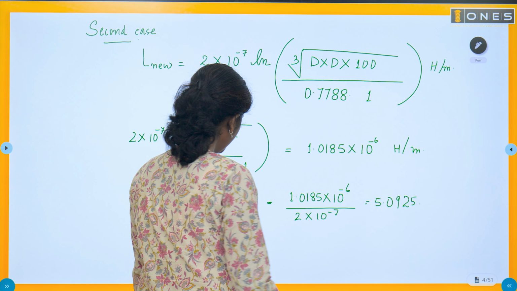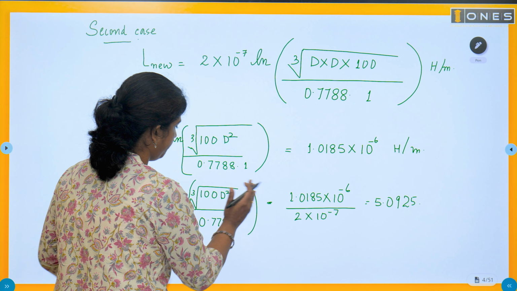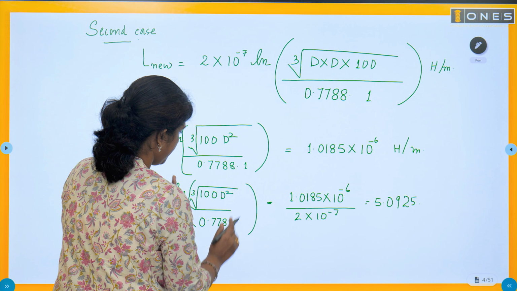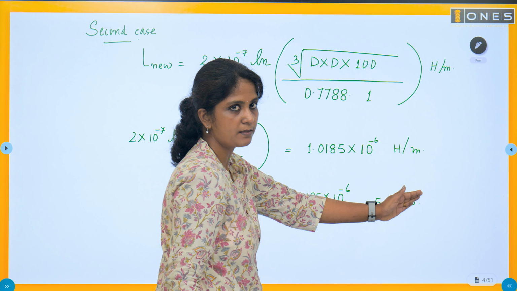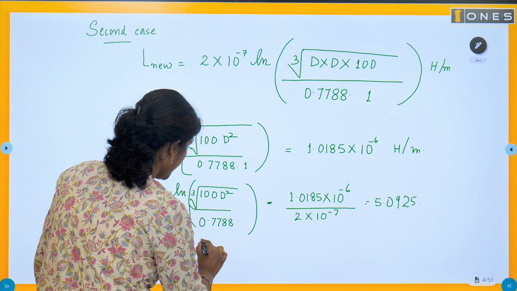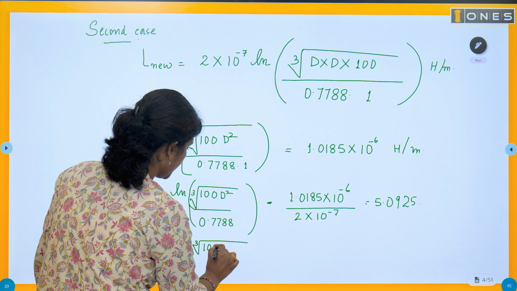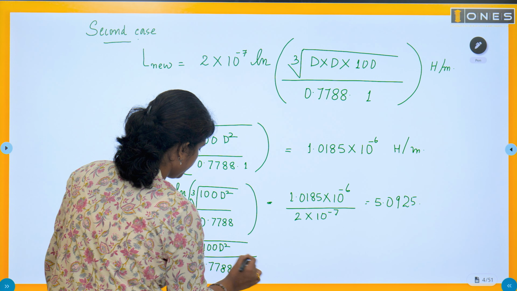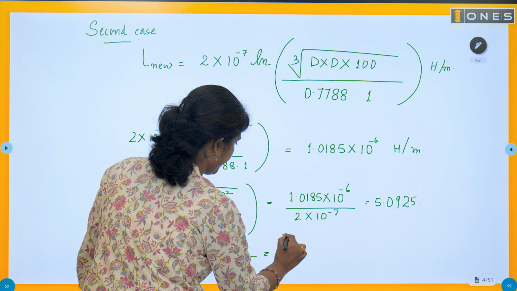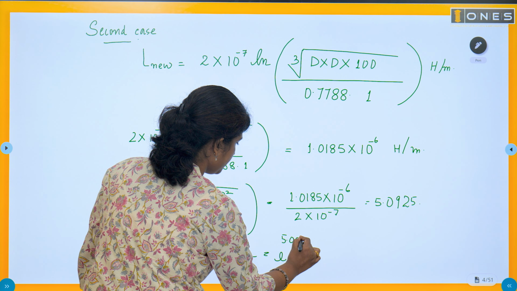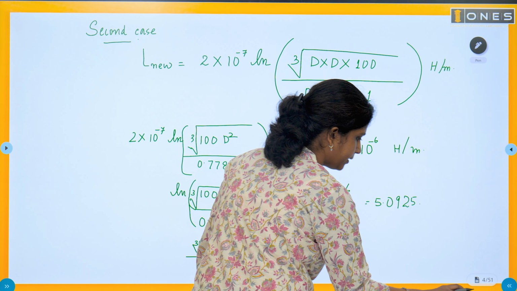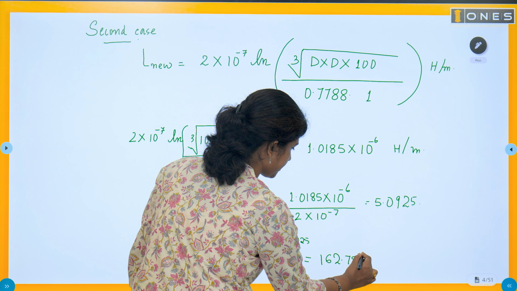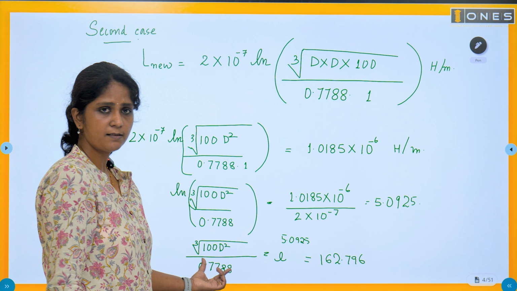So ln of some value is equal to 5.0925. Let this value be x. So x is equal to e to the power 5.0925. So the cubic root of 100 D square divided by 0.7788 is equal to e to the power 5.0925, and that value comes to be 162.796.